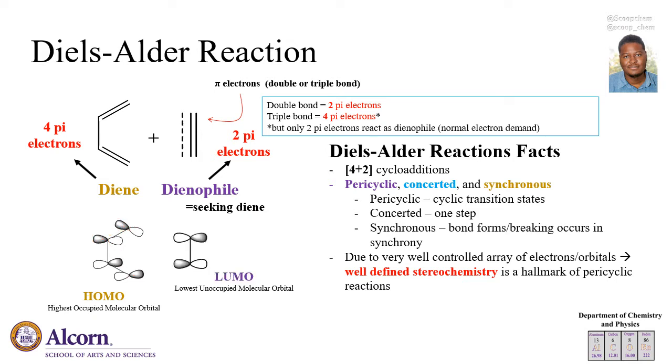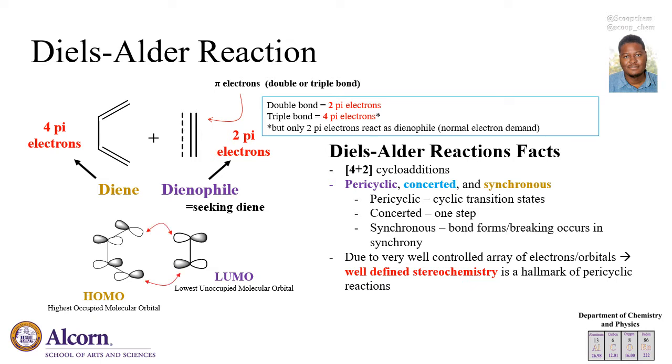If I consider the reacting orbital from the dienophile, it's going to be referred to as the LUMO, the lowest unoccupied molecular orbital. We start to see that these 2 pi orbitals don't have any interaction. Conveniently, these features allow the HOMO and the LUMO to come together to bond.